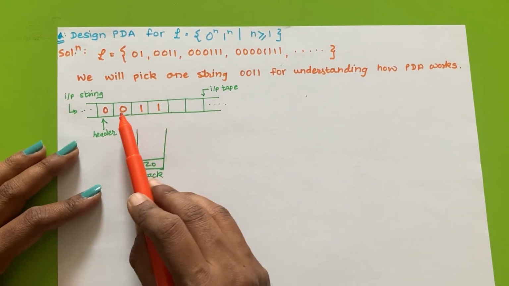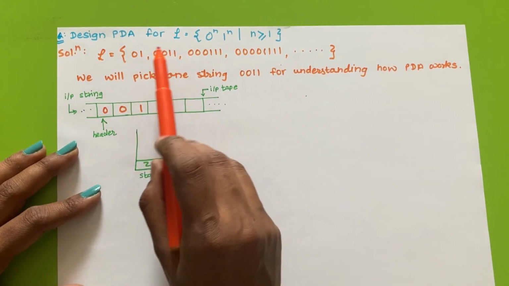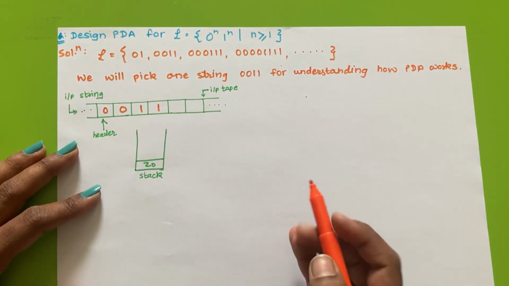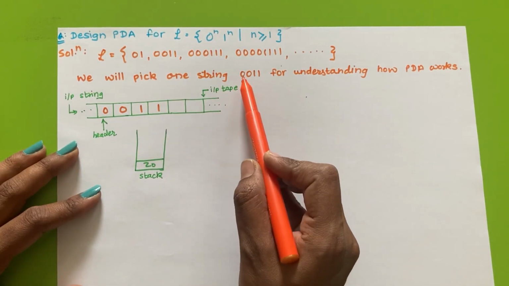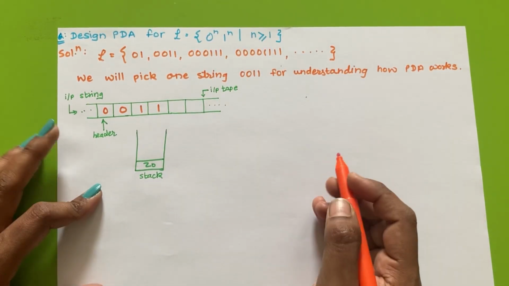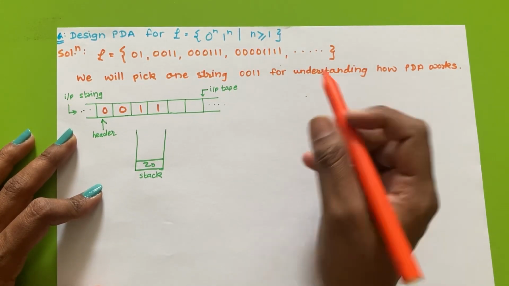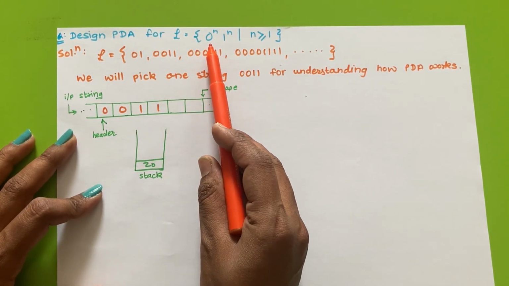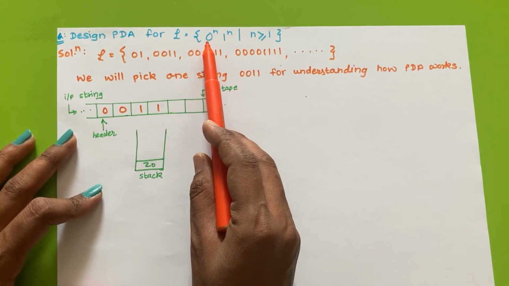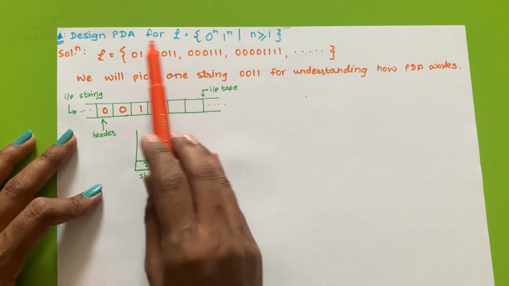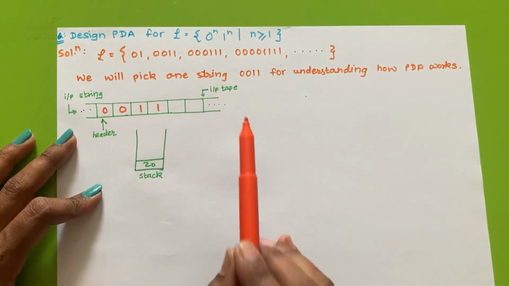For designing this language as a PDA, we have considered the string 0011. What is the condition here? A number of zeros followed by an equal number of ones should be accepted by the PDA. That is the main condition.